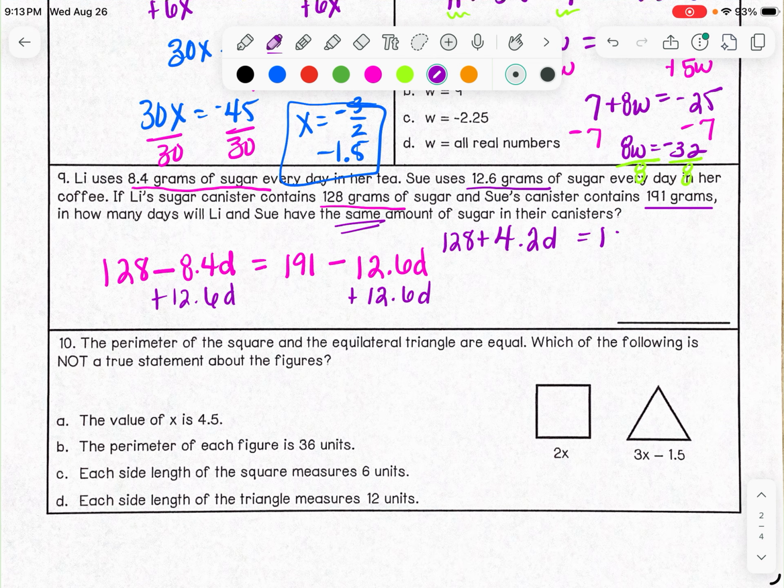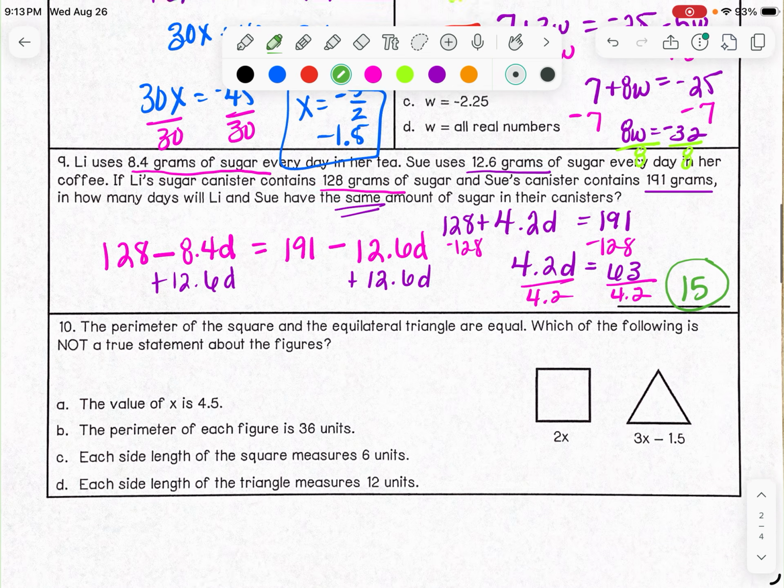And equals 191. And I'm going to subtract 128. And I'm left with 4.2d, and that equals 63. And so I divide by 4.2. I get that they're going to have an equivalent amount in 15 days.